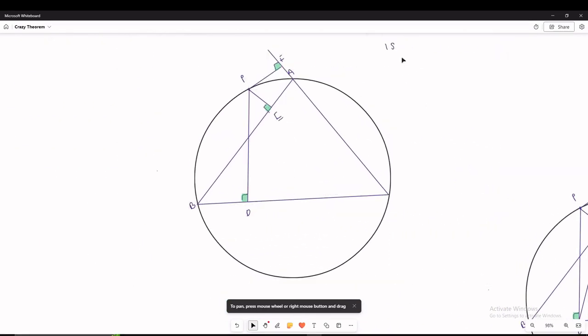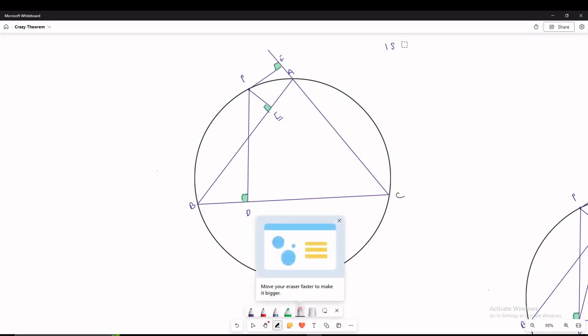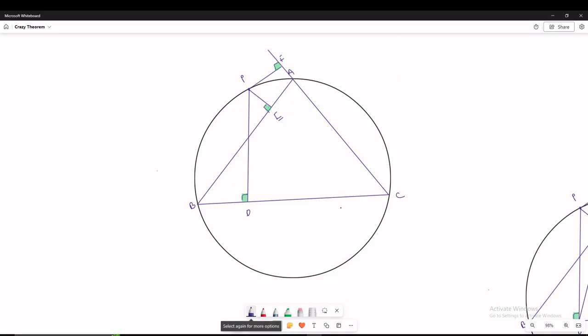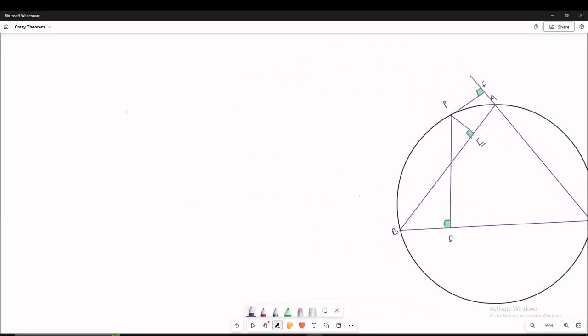Now what all we don't need, that I'll remove. DEF was not copied anyways, and then one thing we are missing, that is C. Okay, now we have to prove that DEF is collinear.